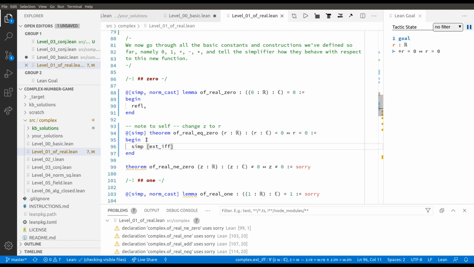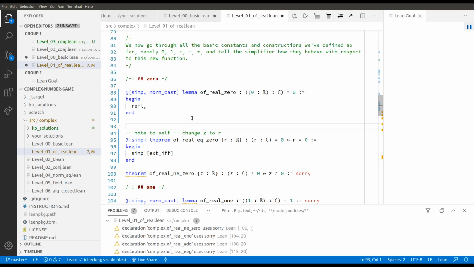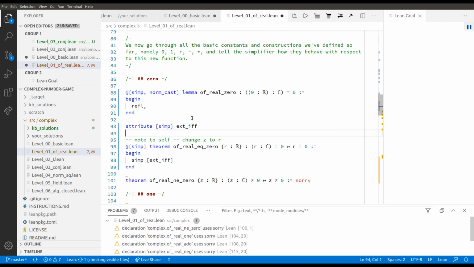You see, there's one thing the simplifier doesn't know. Let me show you something. Let me teach the simplifier attribute simp xdiff. If I tell the simplifier about xdiff, remember xdiff says two complex numbers are equal if and only if their real parts are equal and their imaginary parts are equal.